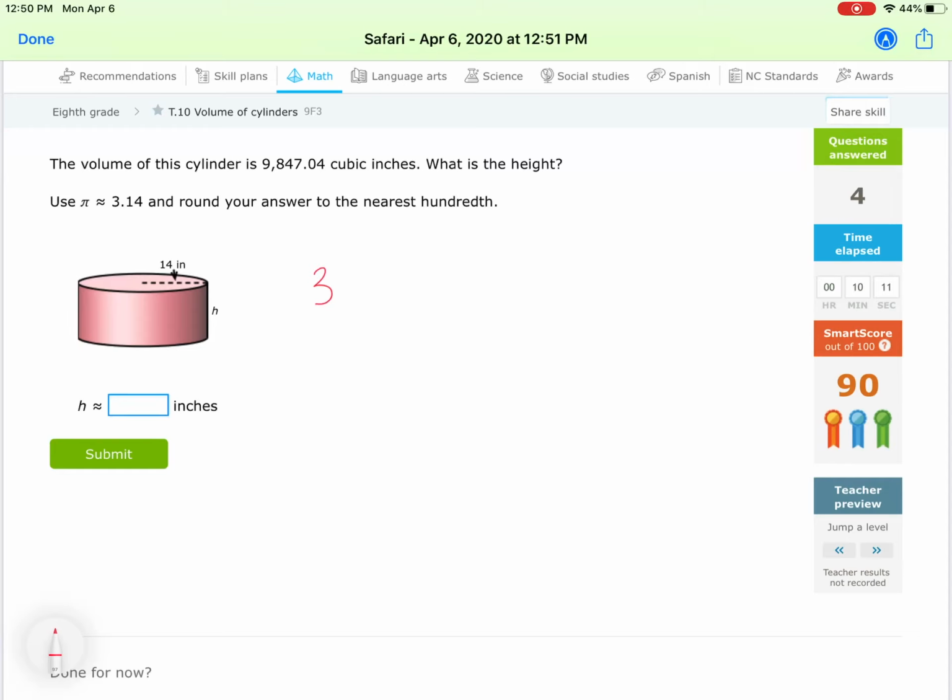So we're going to still use our 3.14, our radius, which is 14, and if I were to double that, times 14. And we need to figure out what that equals. So put that in your calculator. 3.14 times 14 times 14 gives you 615.44.